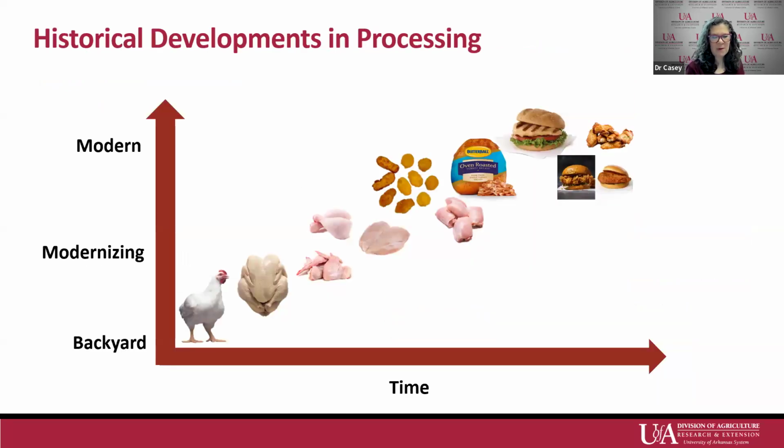In terms of, I said that we've moved to further processing. This gives you a snapshot of the various products. When I say we're doing more further processing, that generally occurs a lot more in modern markets. Back in the 60s, we just had the whole bird market, and before that, there might have been a live market. But we moved into the parts, maybe boneless breast meat, as we're modernizing.